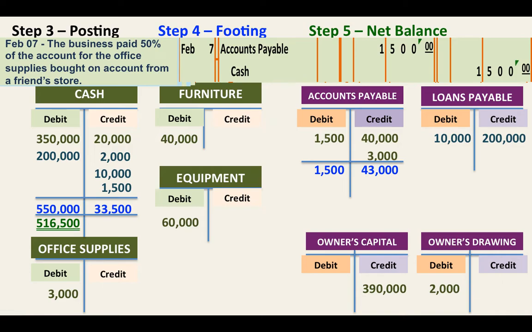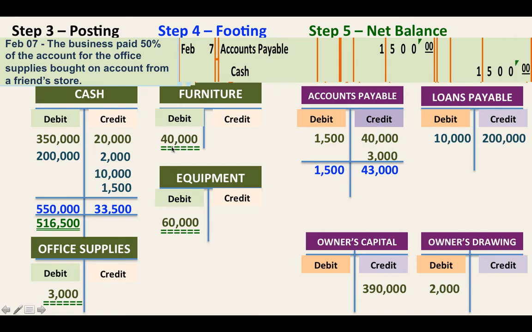Okay? So which ones should we get the net balance for? If there is only a single amount, it means that is the net balance. So we have accounts payable, 43,000 minus 1,500. Or before that, if there is only a single amount, we will also double rule that amount to denote that it is the net balance.